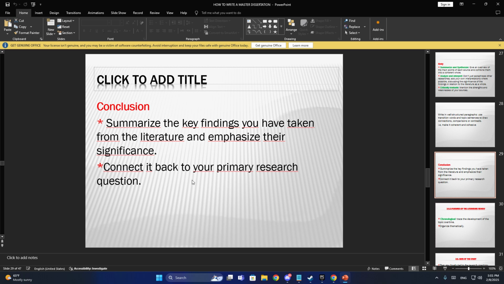Then connect it back to your primary research questions. Try to connect this literature review and these findings and their significance to your research question. Because, as I said, the literature review is important to define my research problem and, as a result, my research questions.